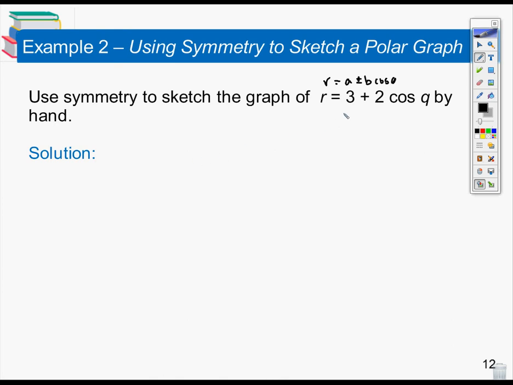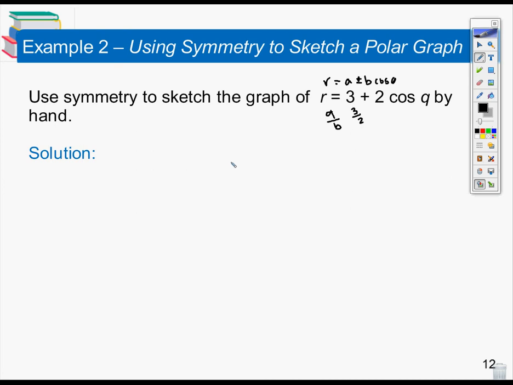So let's take a look here, and if I look at a over b, that's going to be 3 over 2. So not only do I know that it's going to be a limaçon, but I also know that with this number being greater than 1 but less than 2, it's going to be a dimpled limaçon. Okay? So with that information, let's check for symmetry.